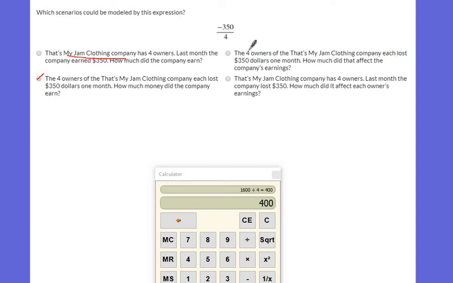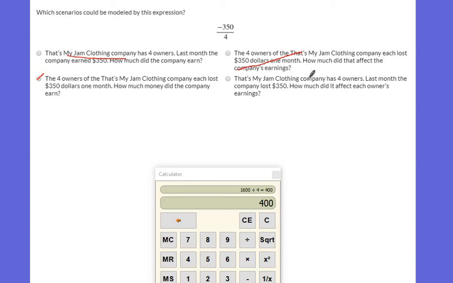This is saying that one owner lost $350, the second owner lost $350, the third owner lost $350, and the fourth owner lost $350. So it would have a bigger total than a -350. Our biggest total here is a -350. So this one does not make sense.